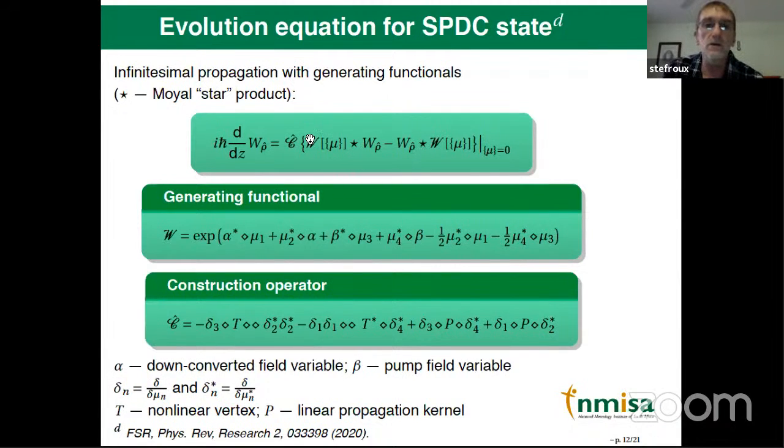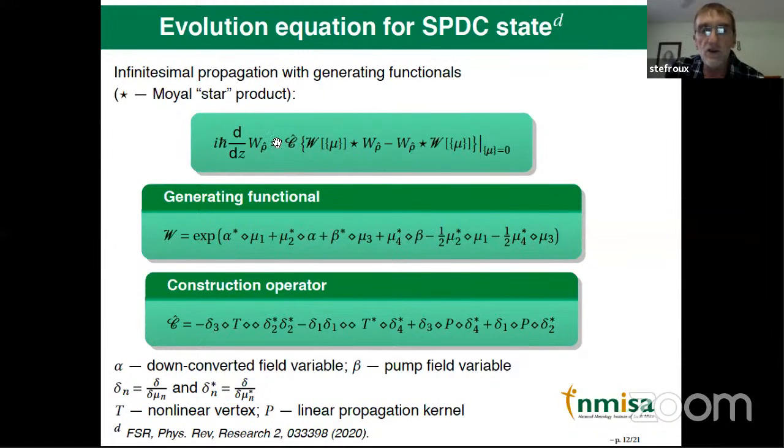Then you would normally in a Heisenberg equation have the Hamiltonian here. Here you need an infinitesimal propagation operator, and we're going to represent that in terms of a generating function, which contains alpha and beta as field variables for the down-converted fields and the pump fields respectively. And all these mu's are auxiliary field variables so that we can take functional derivatives with respect to them.